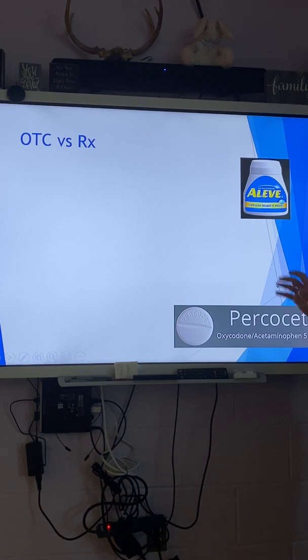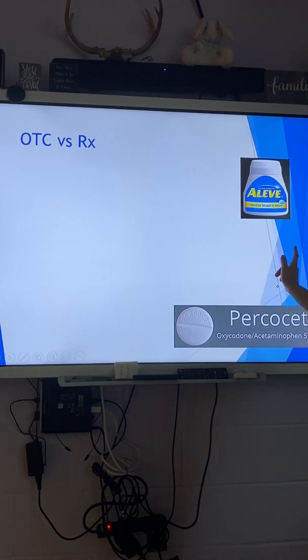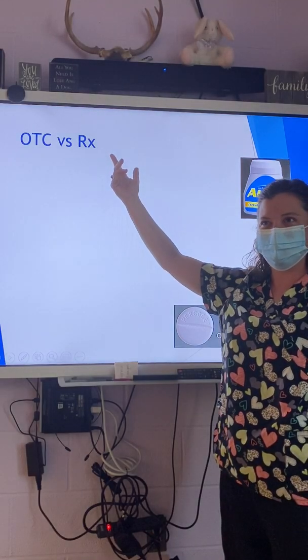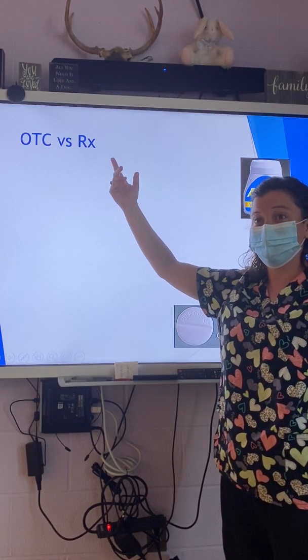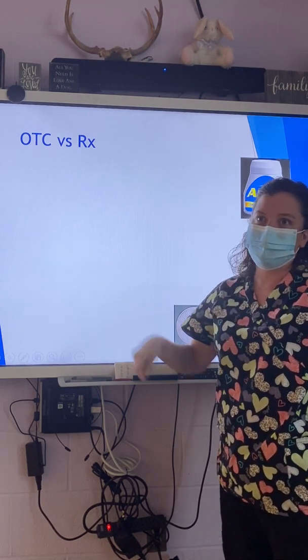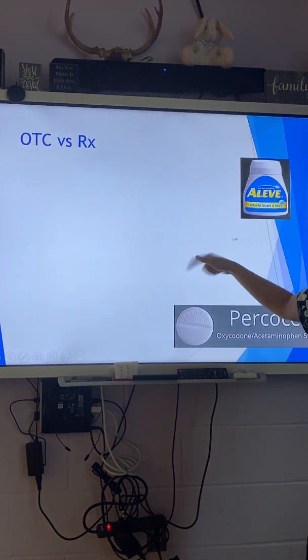Even though she had that piece of paper, she still has to go to the pharmacy. CVS, Rite Aid, Walmart even has it. But she couldn't just go to the shelf, okay? So this is over the counter versus, what do you think RX means? Pharmacy? Close. Prescription. Okay, prescription, right?